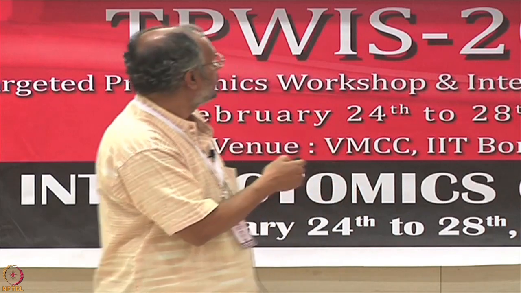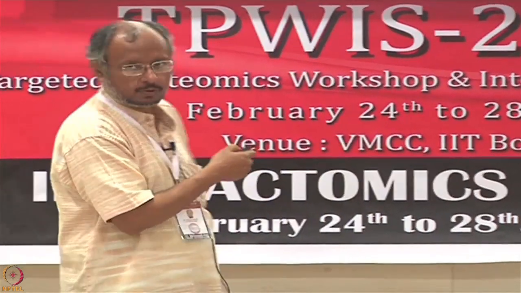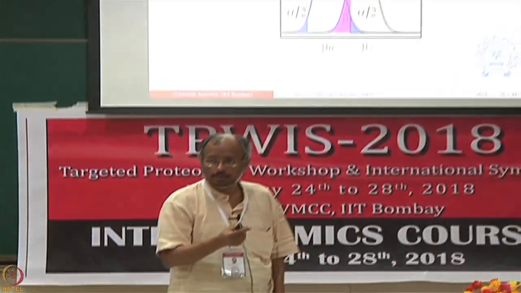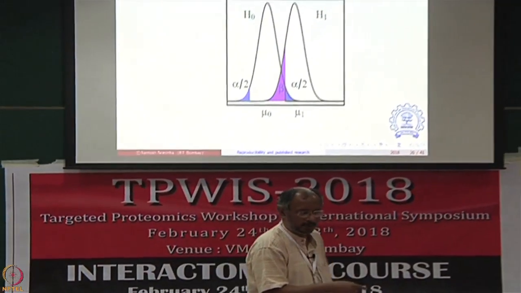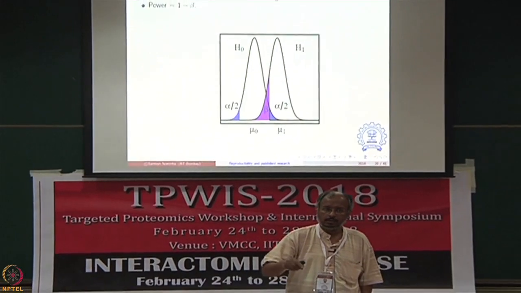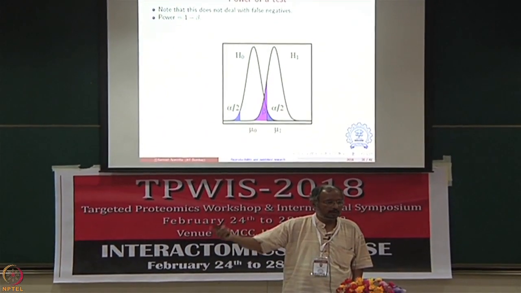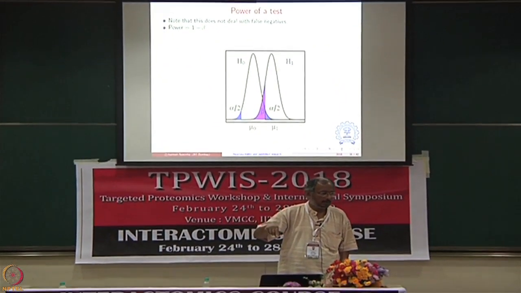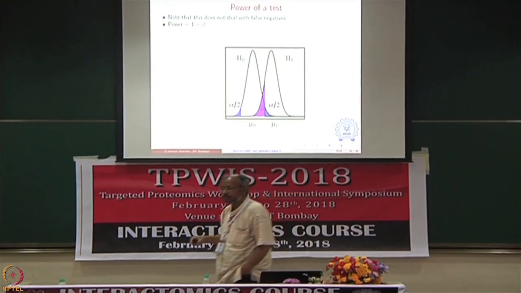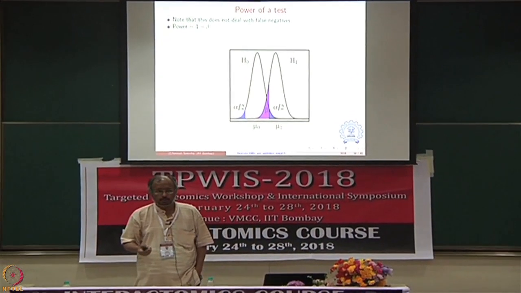I commit less of a mistake with respect to my original hypothesis. But if I move this coordinate to the right, what happens to the purple area? The purple area grows. If you are trying to minimize false positives in your analysis, you run the risk of increasing false negatives and vice versa. So, that is a key issue.